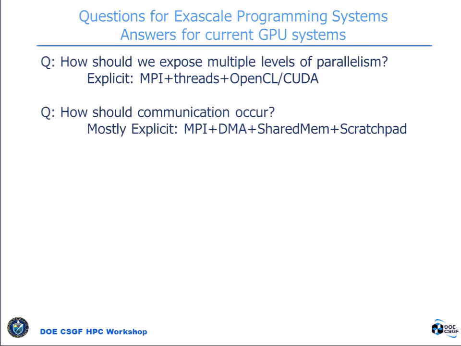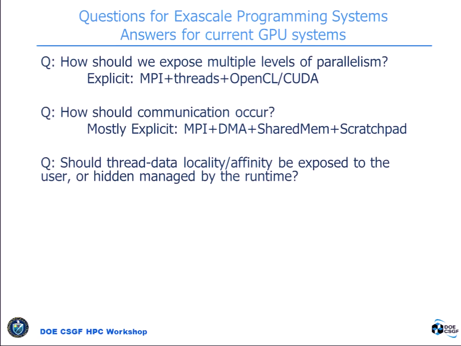You do this, and there's not many surprises, by things like tiling, which has been developed for cache-based processors, but you have to bring your atoms into shared memory, compute on a few of them, and then discharge them and bring more in when you need to do the next set of neighbors. Should the thread data affinity locality be exposed to the user or hidden by the runtime? Right now it's pretty explicit because you have to have the data where you need to use it.